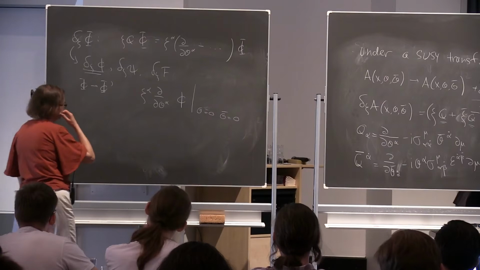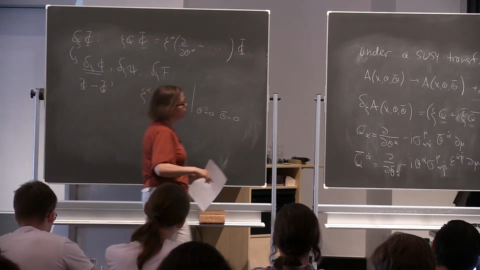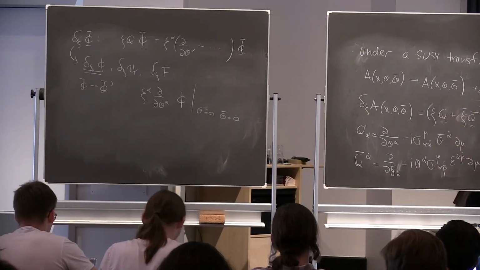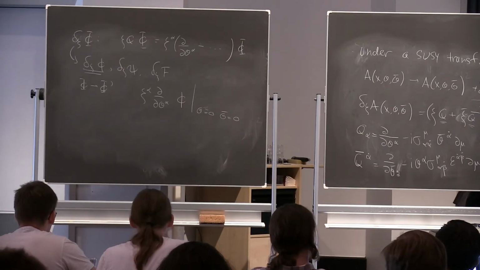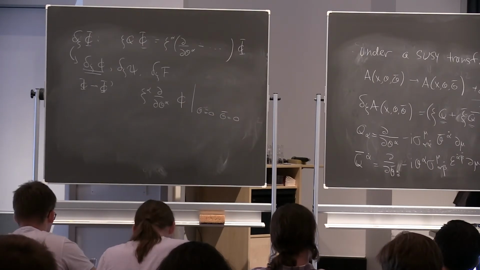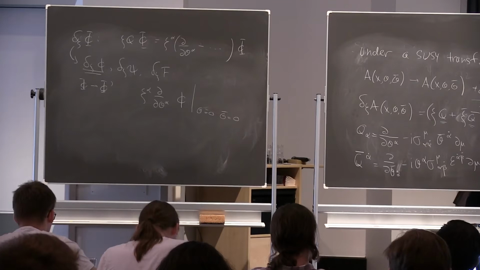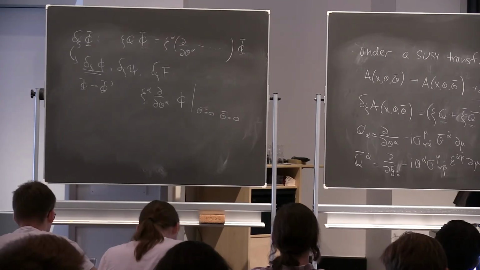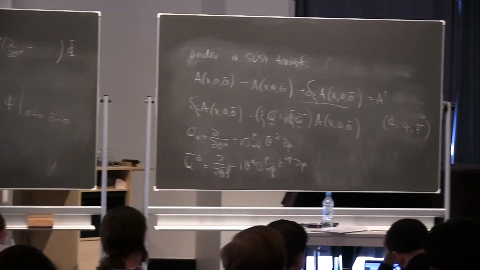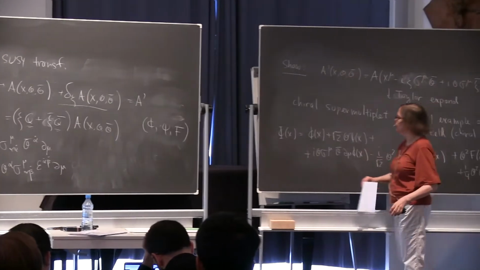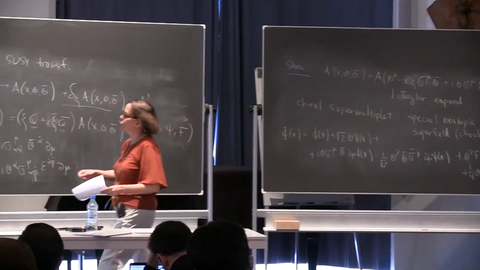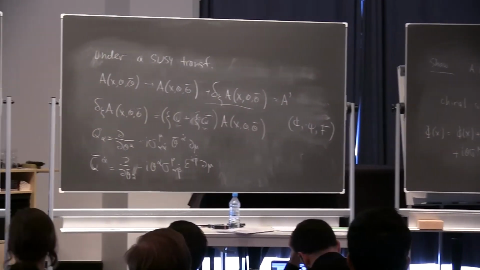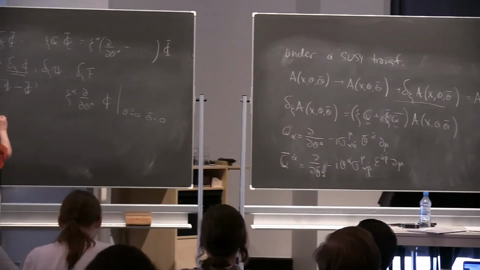So let's see what we get. We take a derivative with respect to theta, but we should keep just the stuff that doesn't have any more thetas. So this doesn't give me anything, because there's no thetas. When I take the derivative with respect to theta, I'm going to get square root of 2 times psi. So that's the first thing that I get.